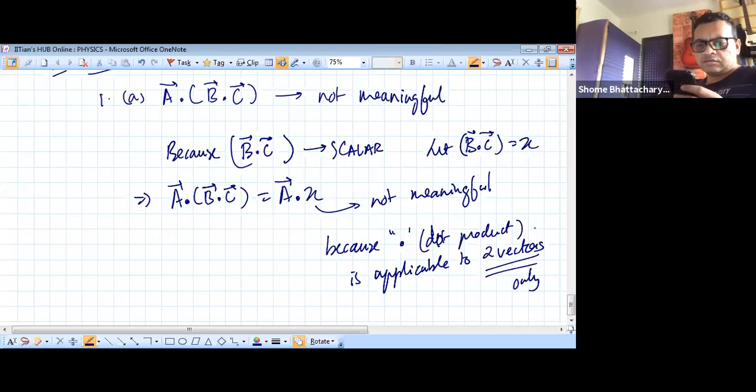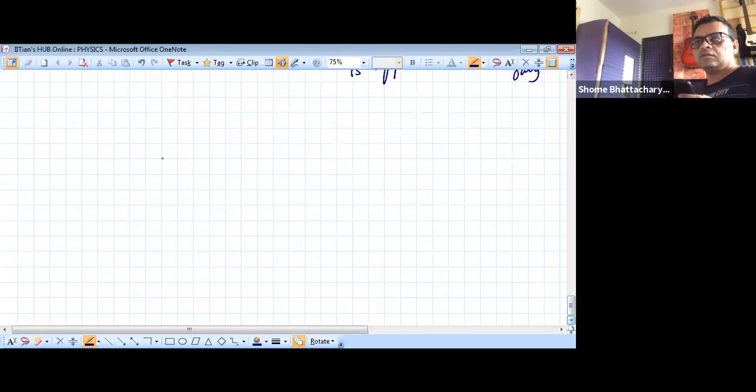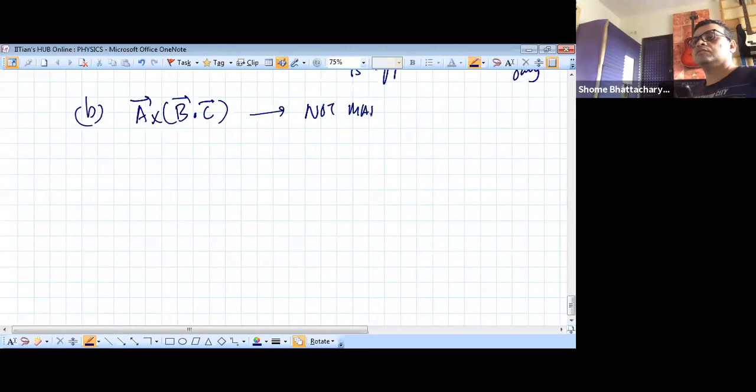Now similarly, if you look at option B, it is e cross (b dot c). Again, it is not meaningful. Why?